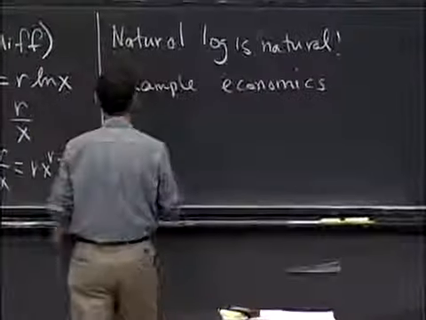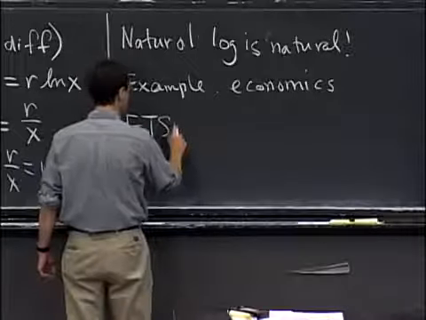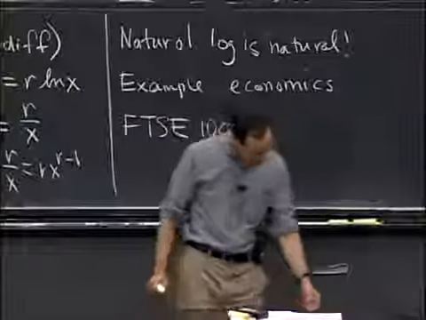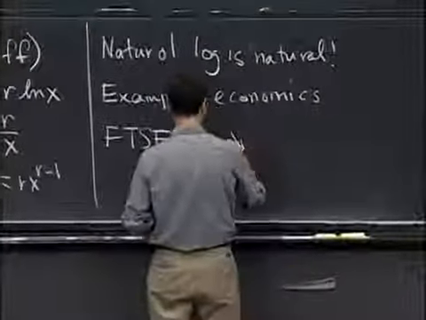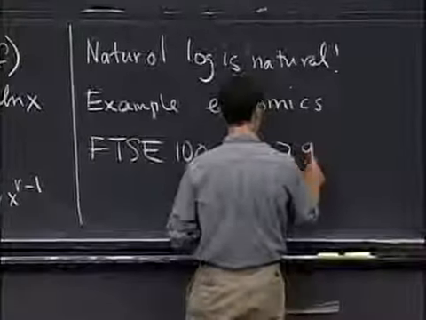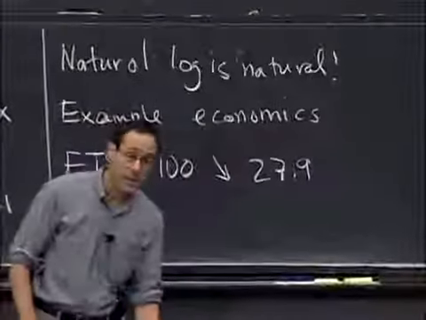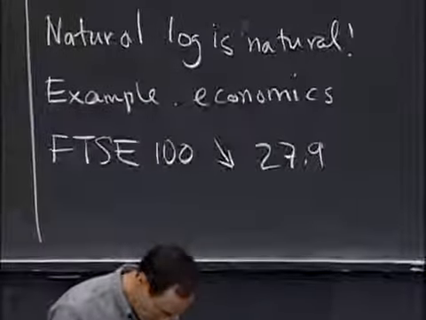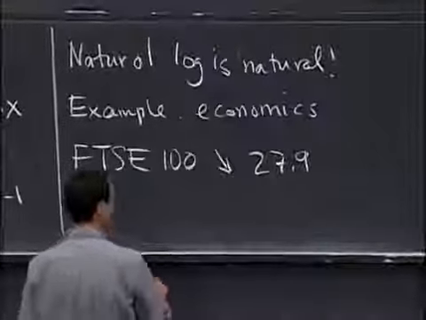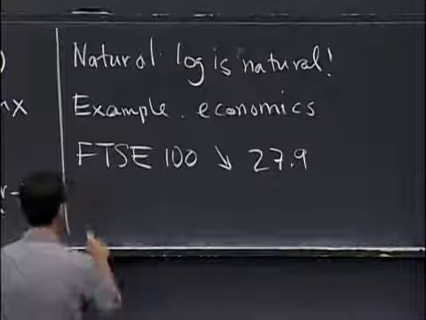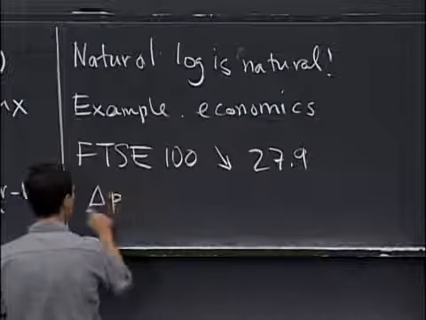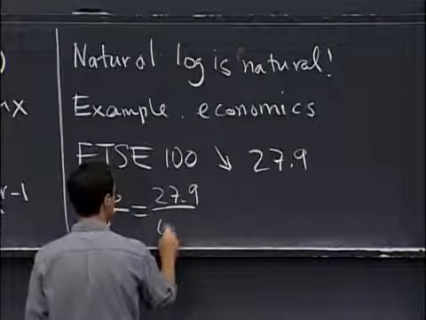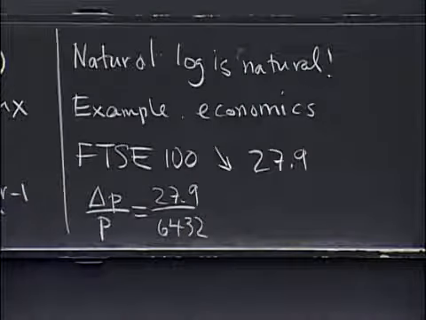So for example, I just looked up an hour ago, the FTSE, the London exchange, closed, and it was down 27.9, which, as I said, is pretty meaningless unless you know what the actual total of this index is. And it turns out it was 64.32. So the change in the price divided by the price, which in this case is 27.9 divided by 64.32, is what matters.